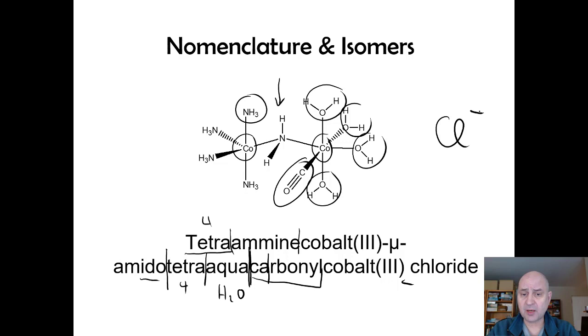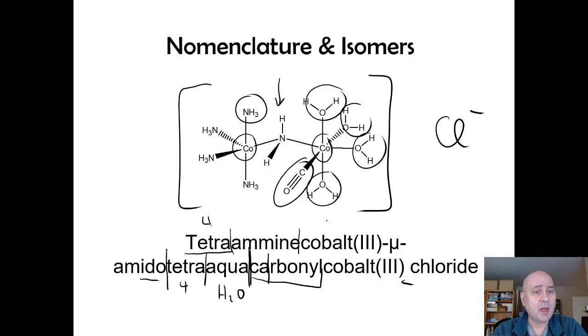We have a structure, but what's missing here is the counter ion, because this whole thing's going to have a charge. And as with iron 3 chloride, if I give you iron 3 chloride, you know that we have 3 chloride counter ions, right? It just says chloride, doesn't say di or trichloride. So when I say chloride here, that doesn't mean there's just one. That's something else that you need to pay attention to.